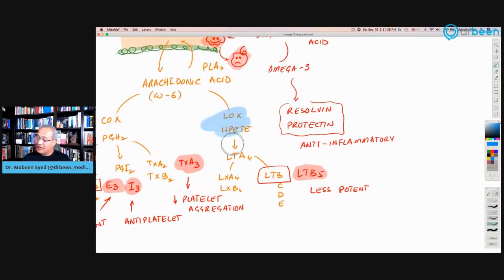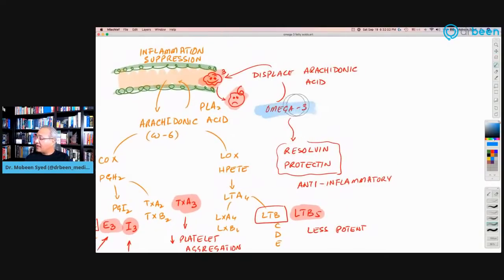Similarly, on this side, in the lipoxygenase pathway, when we make leukotrienes, we make leukotriene B5 instead of leukotriene B4 in the presence of omega-3 instead of arachidonic acid. And leukotriene B5 is a less potent leukotriene. So the vasoconstriction and pro-inflammatory action is reduced. Finally, omega-3, when present in the cell membrane, helps produce resolvins and protectins. These molecules are themselves anti-inflammatory.